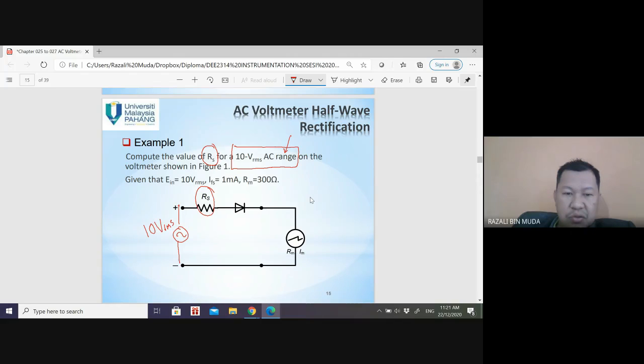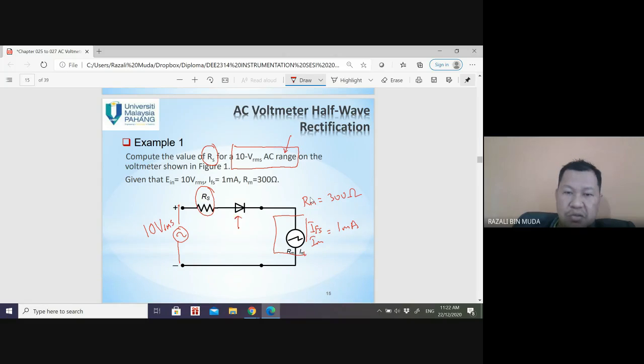Normally for AC we use this symbol. IFS is 1 milliamp, IFS or IM is the same. RM is 300 ohm, the meter movement.